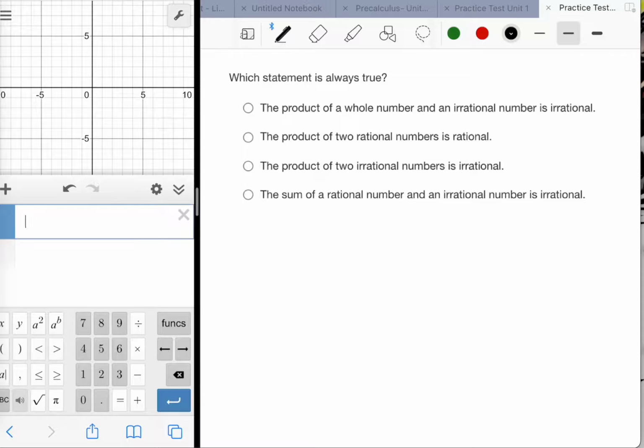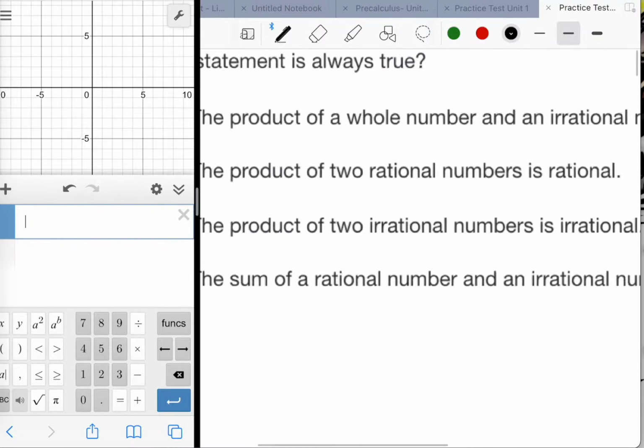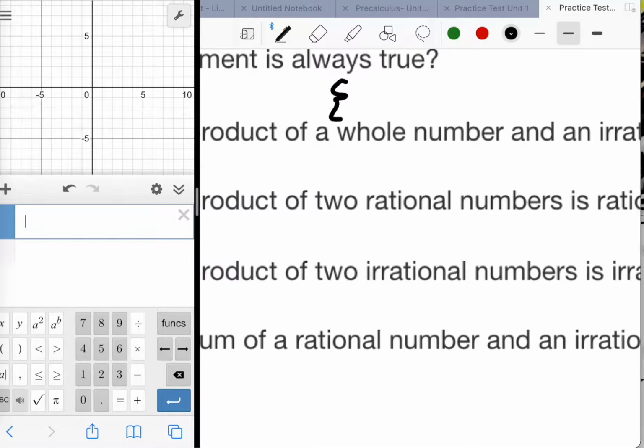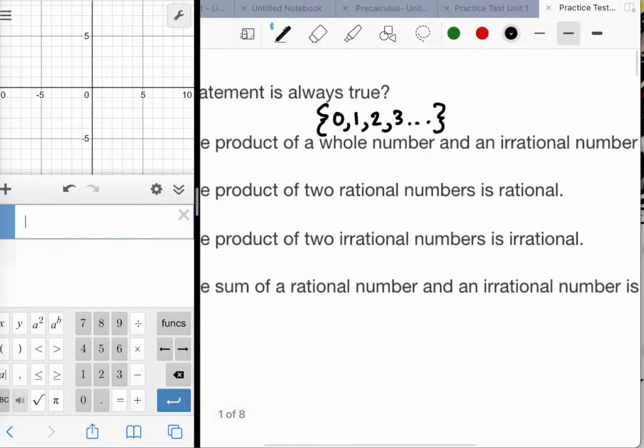So you start off with something basic, like, what's a whole number? A whole number is a set of numbers that start with the number 0 and increase to infinity, excluding any decimals, fractions, or radicals along the way, or at least non-perfect square radicals.